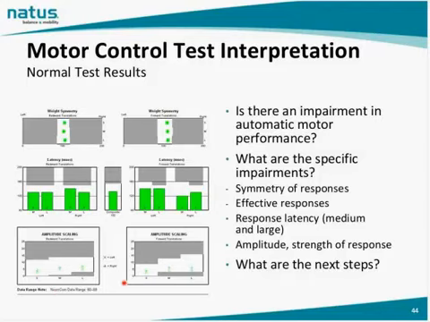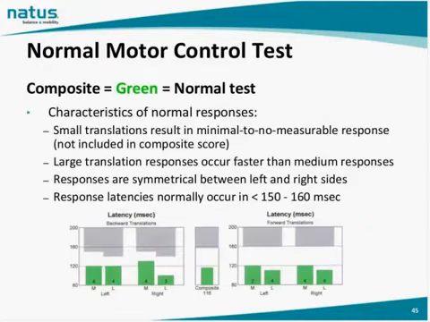So it follows all of the same rules. The composite in the middle of the screen right here, then, is a numerical weighted average of all of these scores. So even if you had one of these that was slightly out, then as long as the composite overall is within normal limits, the exam itself is perfectly fine.